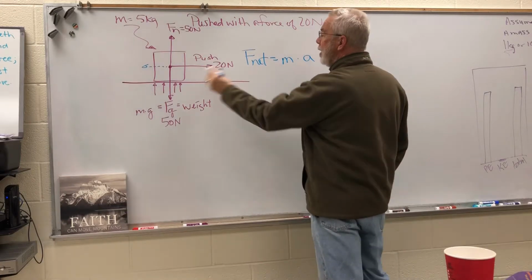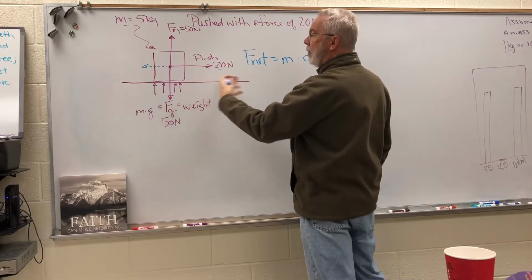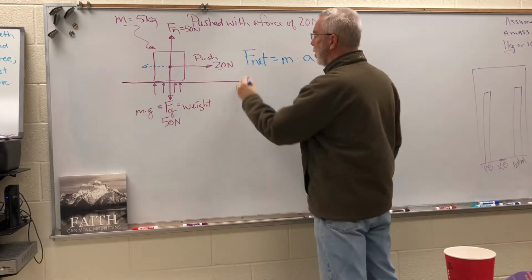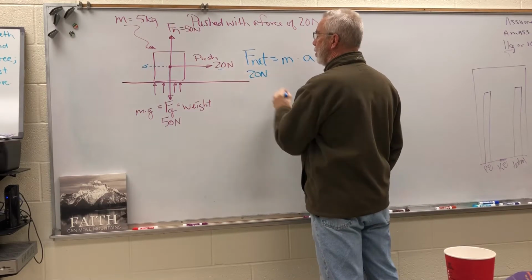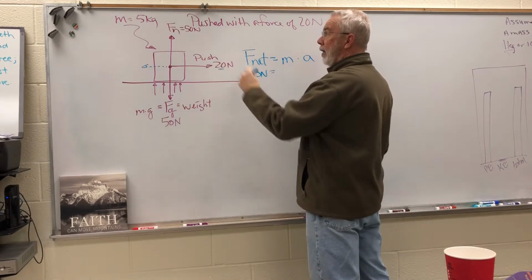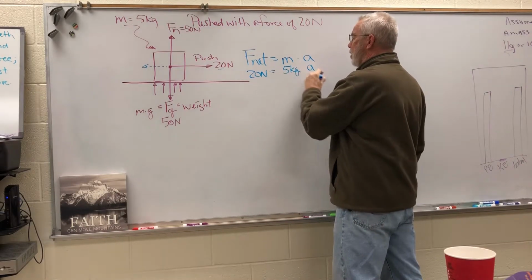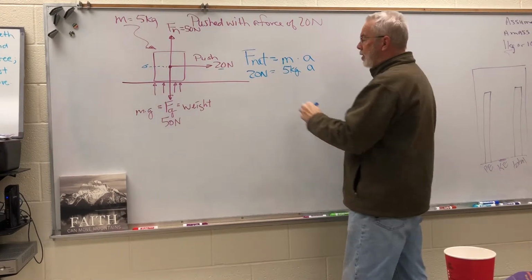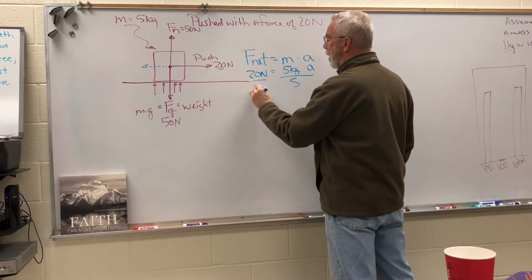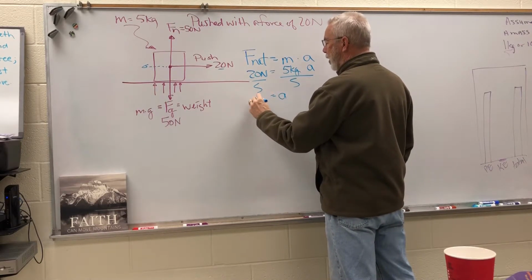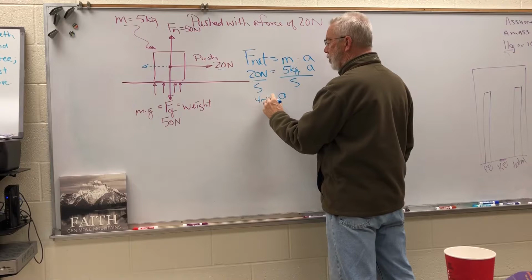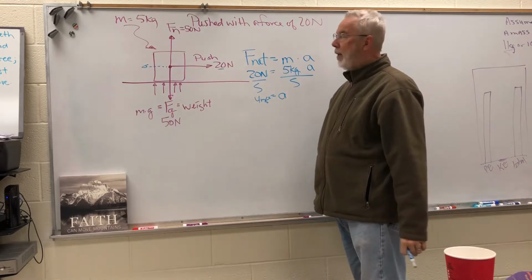The net force, or the final outcome of all the forces acting on the box, is going to be 20 newtons, and the mass is still 5 kilograms. The only thing we don't know is the acceleration, so we divide both sides by 5, and the acceleration equals 4 meters per second squared. Does that make sense?